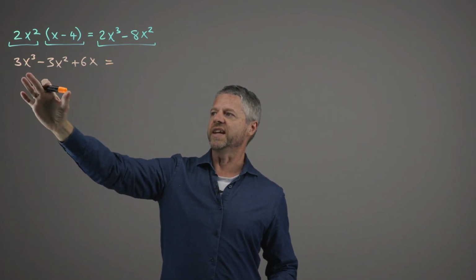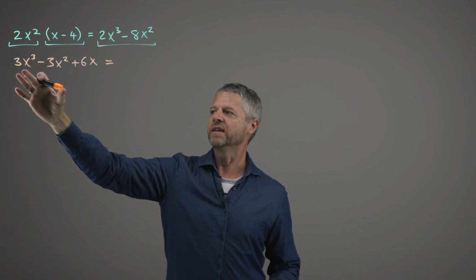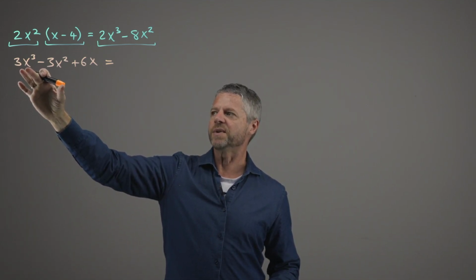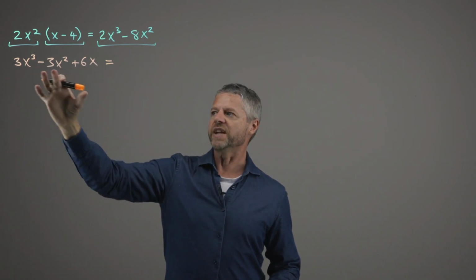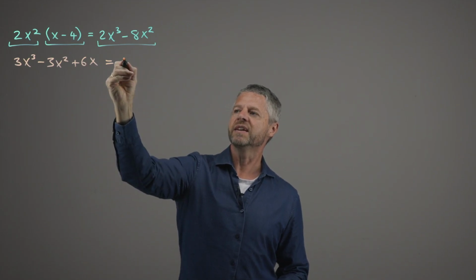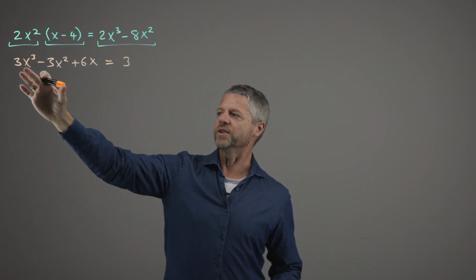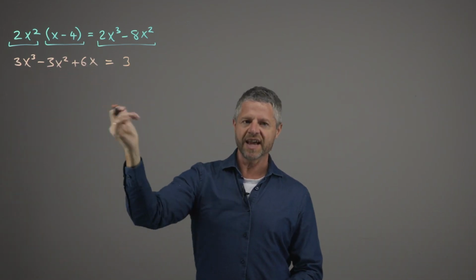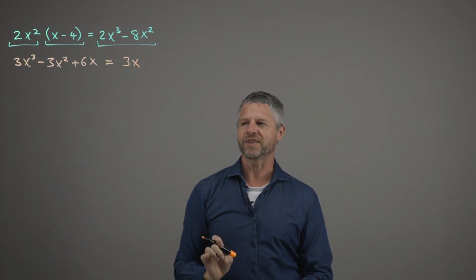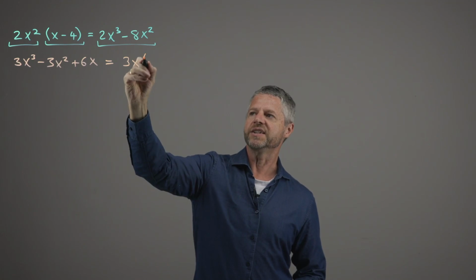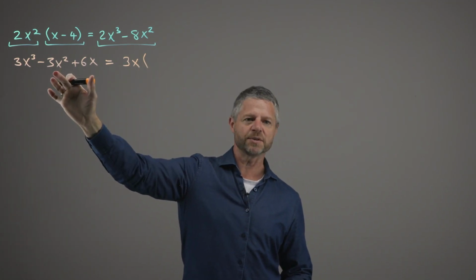What I can notice here is that the constant coefficient that's multiplying each of these powers of x is 3. So 3 is a common factor, but also we've got x cubed, x squared, and x, so x is going to be a common factor. So 3x is a common factor. Then I just have to figure out what I multiply 3x by to get this polynomial.